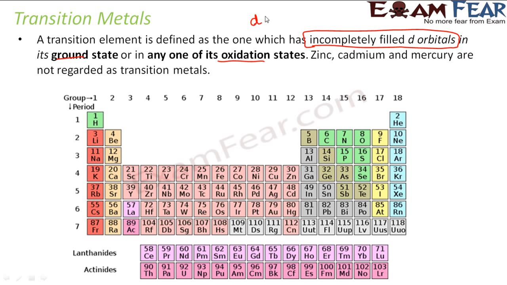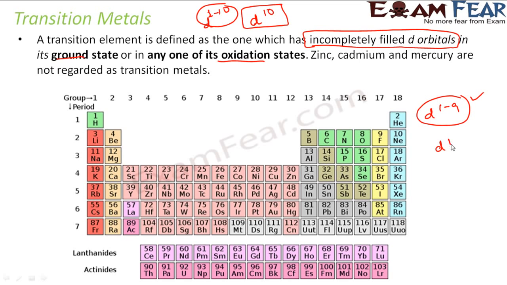So the d orbital, as we all know, can have at the max 10 electrons. So the number of electrons in d can range from 1 to 10. So the definition says if it is d1 to d9, it is a transition metal. If it is d10, it is not a transition metal. And we are talking about the ground state or any of its oxidation state.